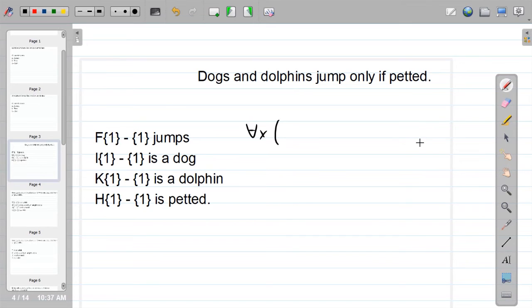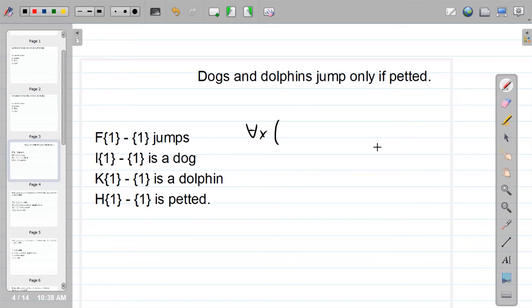Okay, so universal generalization, our natural assumption is it's going to be a conditional of some sort, which means we have to now sort out what's going in the antecedent and what's going in the consequent, right? Okay, so what's the topic? The topic of the sentence goes in the antecedent. What's the topic of this sentence? Dogs and dolphins. Okay, so great.